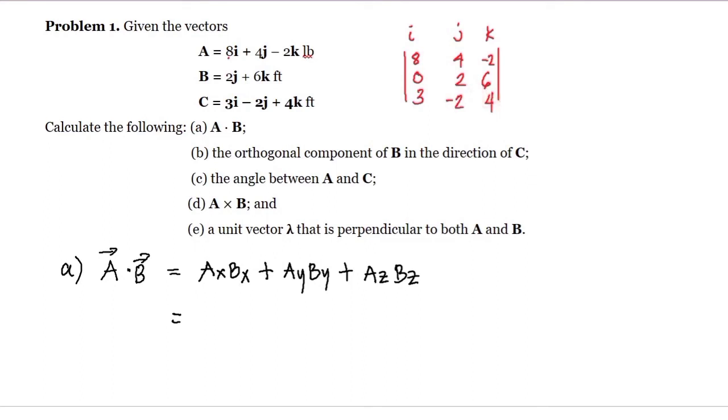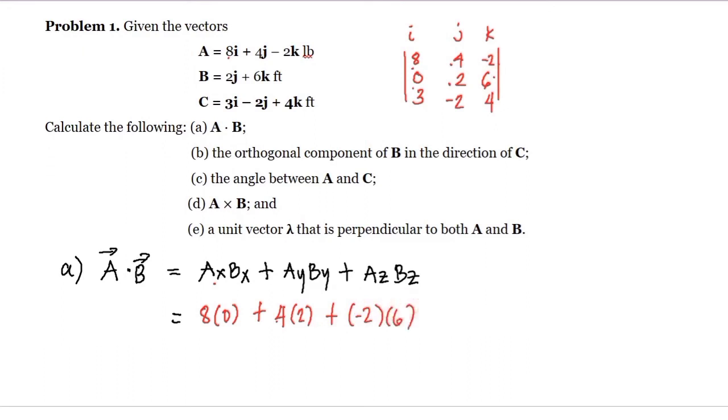So for A, that's 8 times 0. Since AX is 8, that's 8 times 0 plus AY BY. AY natin ay ito, BY natin ay ito. So we have here AY is 4 and BY is 2, plus AZ is negative 2 and BZ is 6.